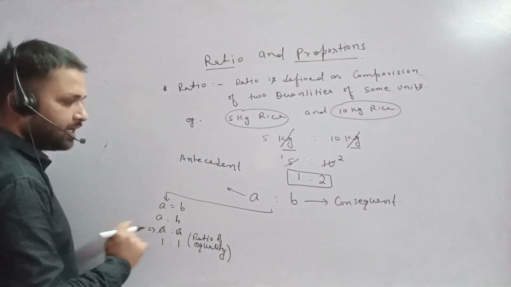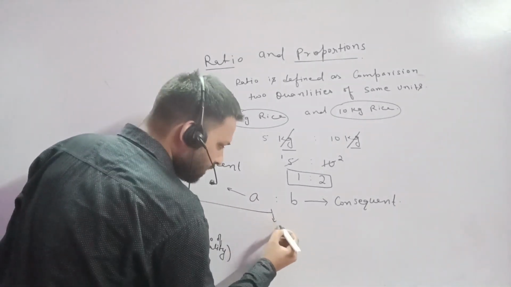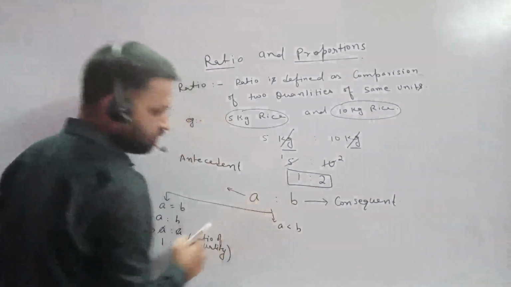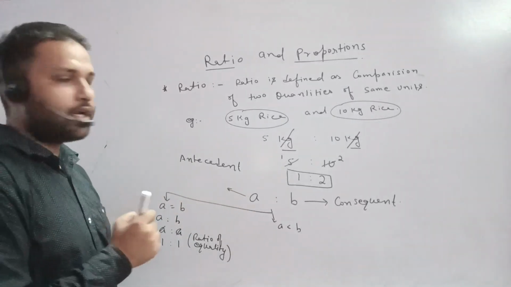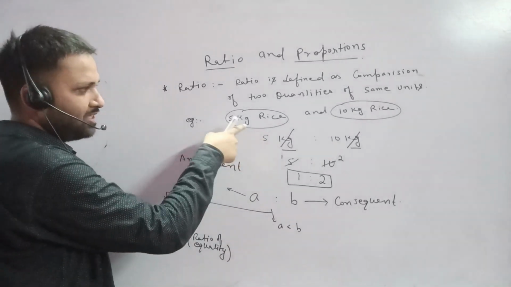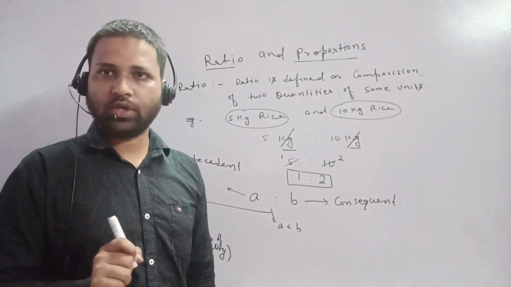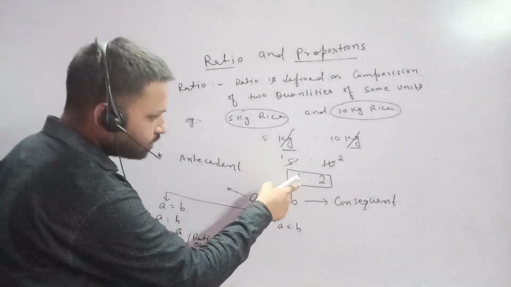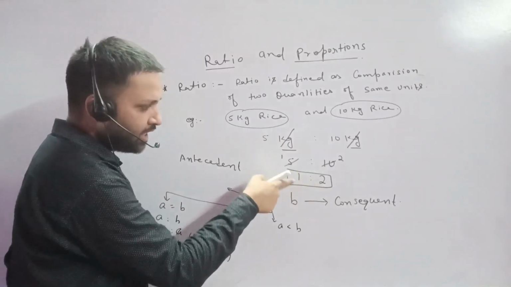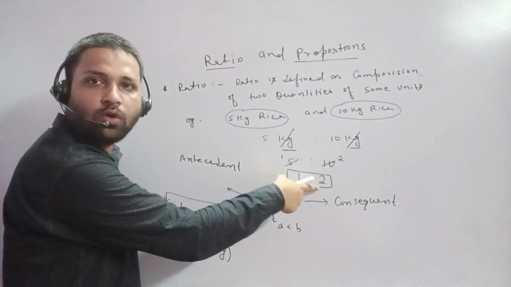Then the second case arises: A less than B. Like in this case, 5 kg is less than 10 kg of rice, so the ratio 1:2 arises. Here the antecedent is less than the consequent.